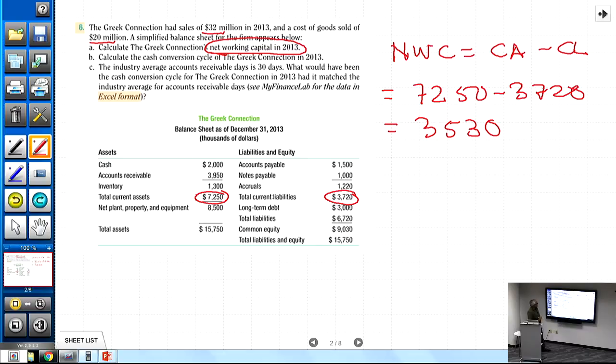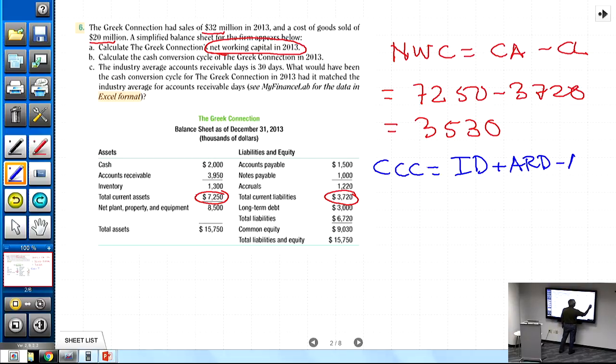The next part is again about cash conversion cycle. So CCC would be inventory days plus accounts receivable days minus accounts payable days.